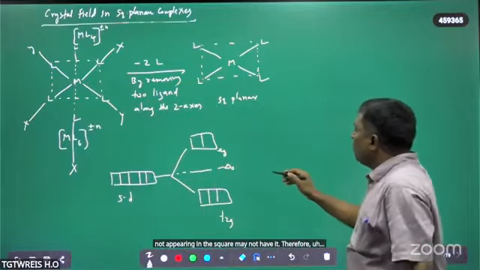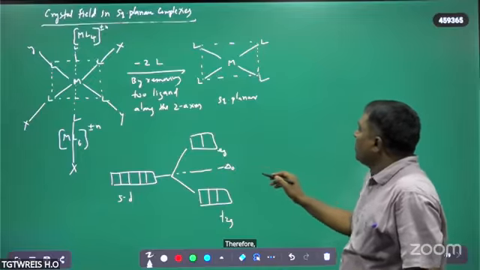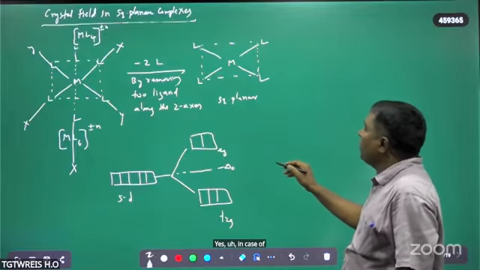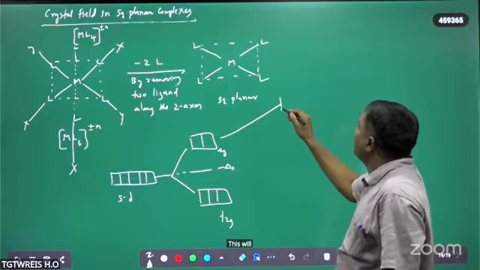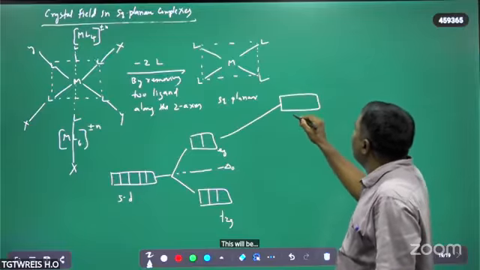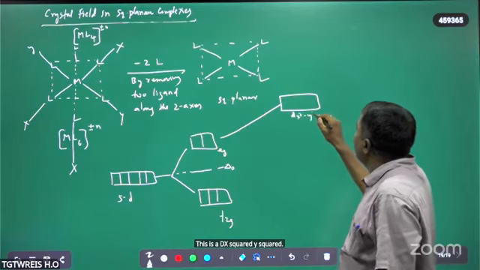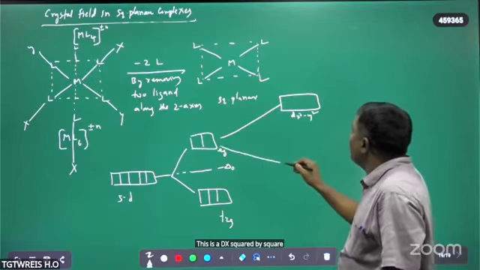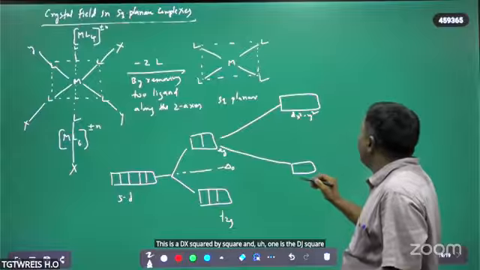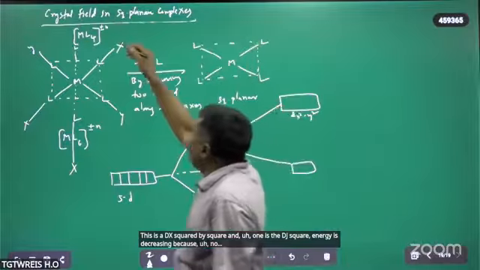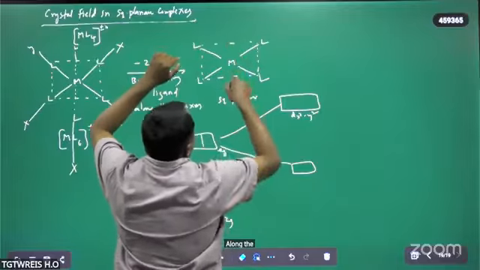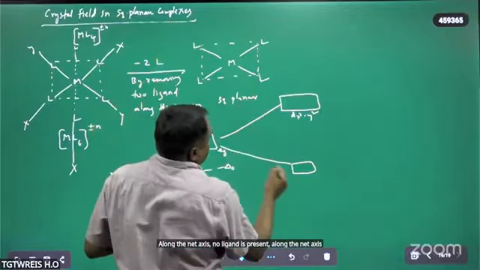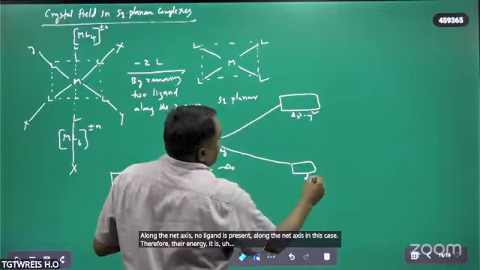Therefore, in square planar geometries, this is dx square minus y square, and one is dz square. Its energy is decreasing because no ligand is present along the z-axis.